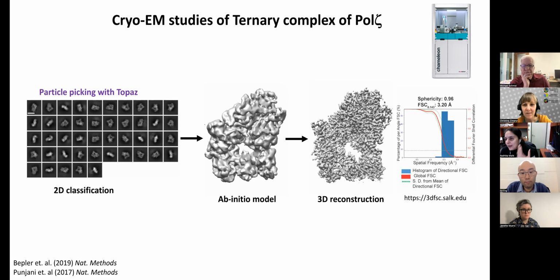So that's one thought: if you mutate Polζ in a way that it becomes inactive, then these chemo-resistant tumors would basically reduce. That's the importance of this protein, and the importance of the pathway itself.